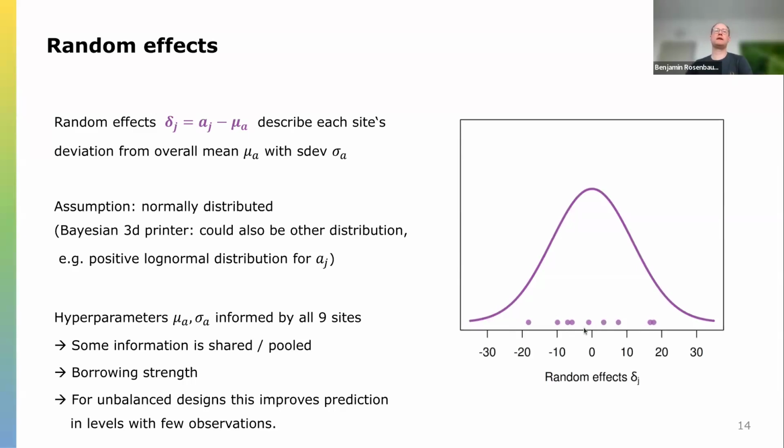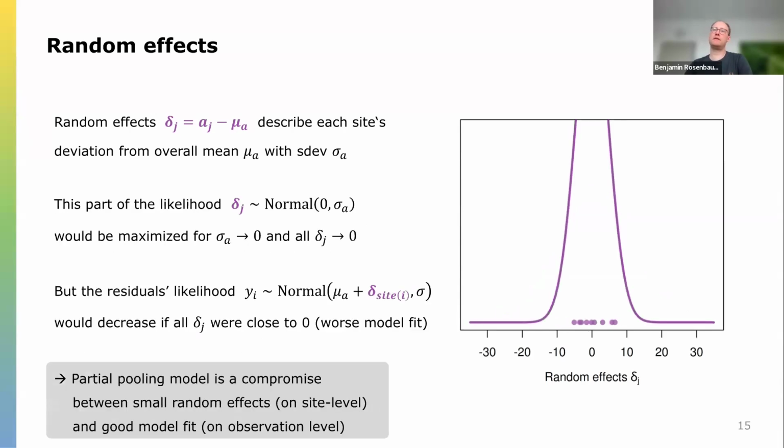So this part of the likelihood would be increased if the model would choose that these random effects are very, very small, right? So if the random effects are very small, the standard deviation becomes lower and the mean is the same.